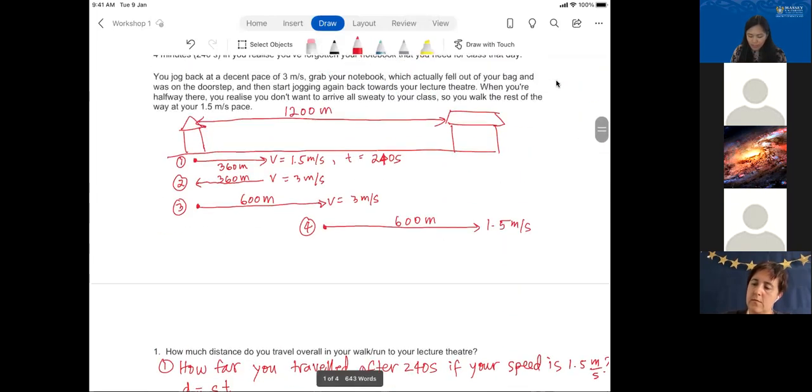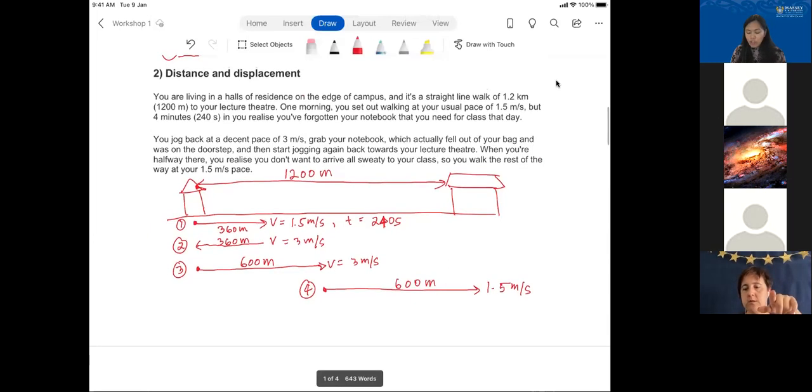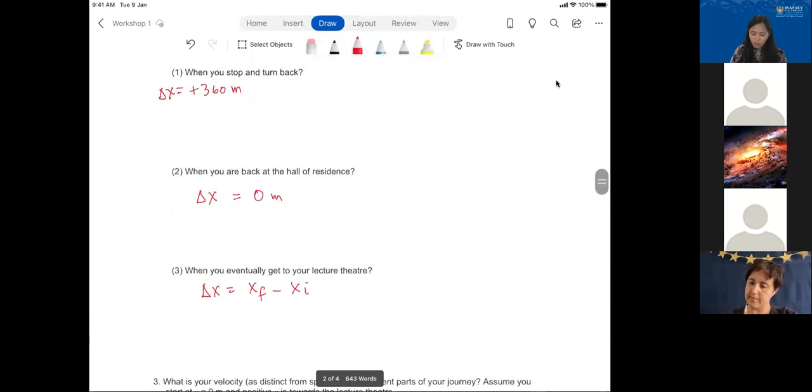So it doesn't matter whether you went back and forth throughout your journey. It's as if you're just going straight from your halls of residence to your lecture theater, giving you a displacement of 1,200 meters.